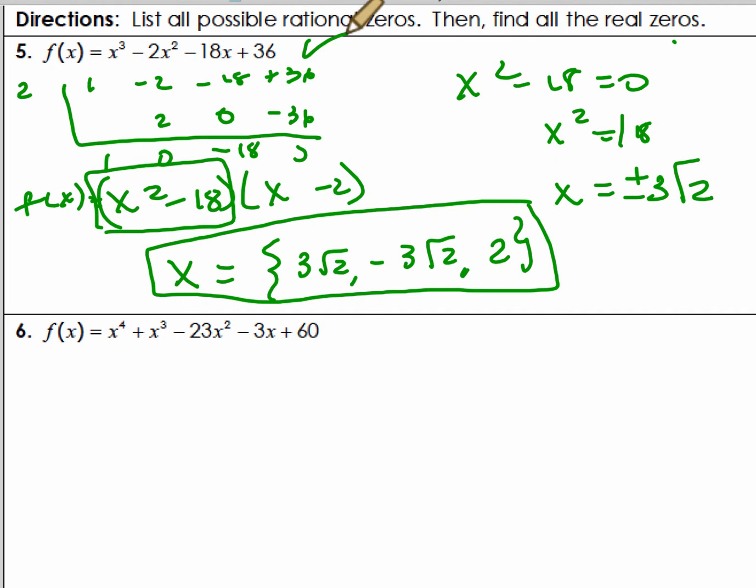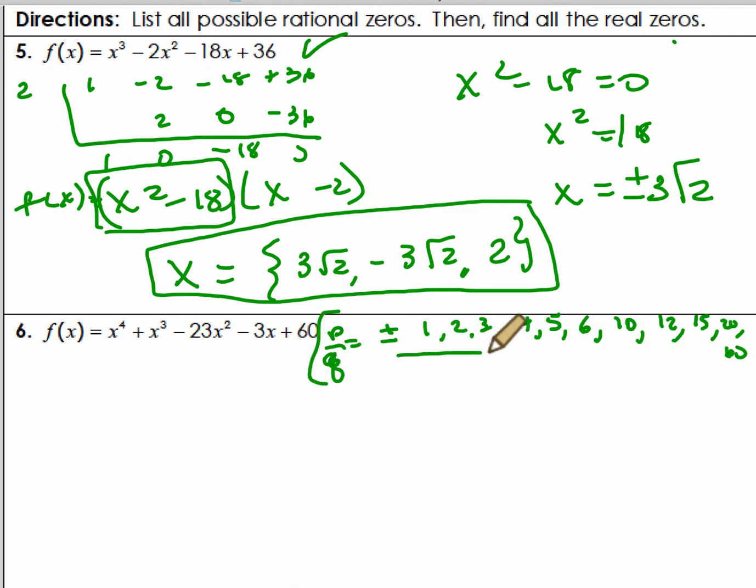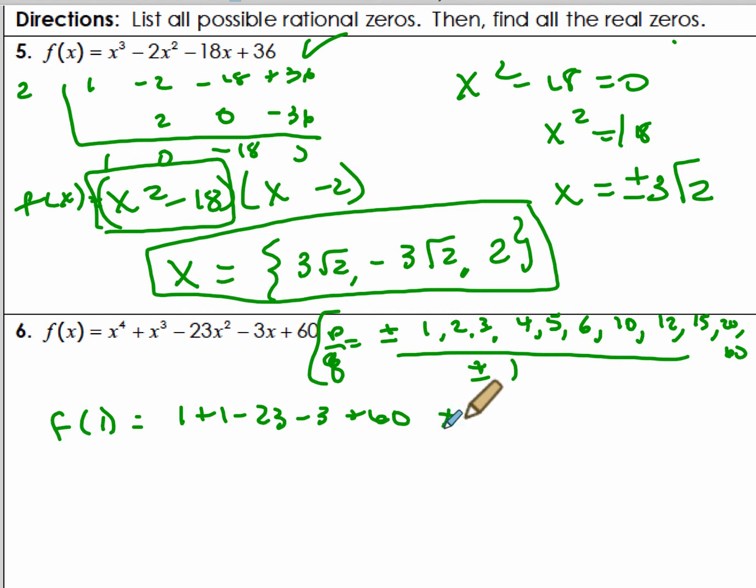Doing number 6, if I do the same thing, so my P's and Q's, those are all factors of 60, and possible factors of the denominator are just plus and minus 1. Okay, so now I'm going to test. I'm going to try 1 first because I like to start there. And it doesn't make a 0.